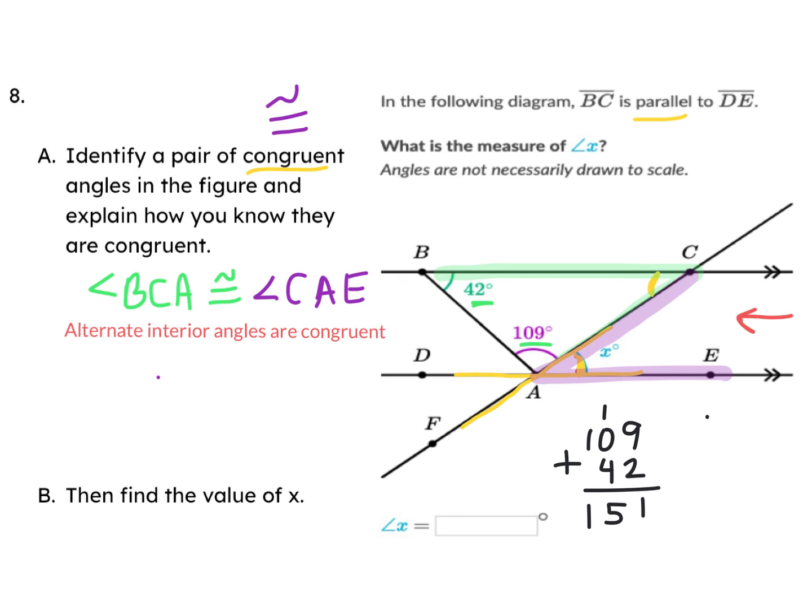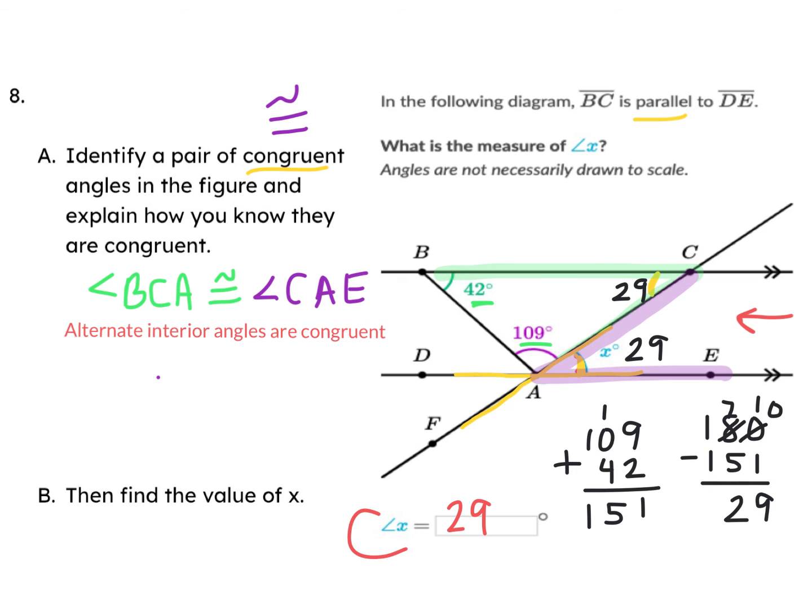So that adds up to 151. 180 minus 151. Okay, so that's going to be 29 degrees. So 29 degrees up here, and alternate interior angles are congruent. So the value of x must also be 29 degrees.